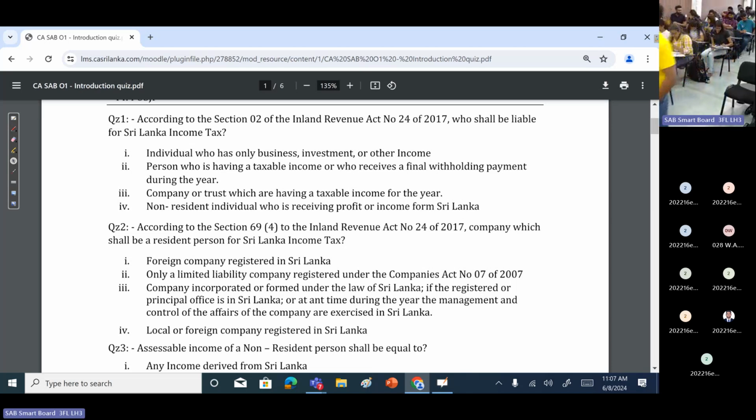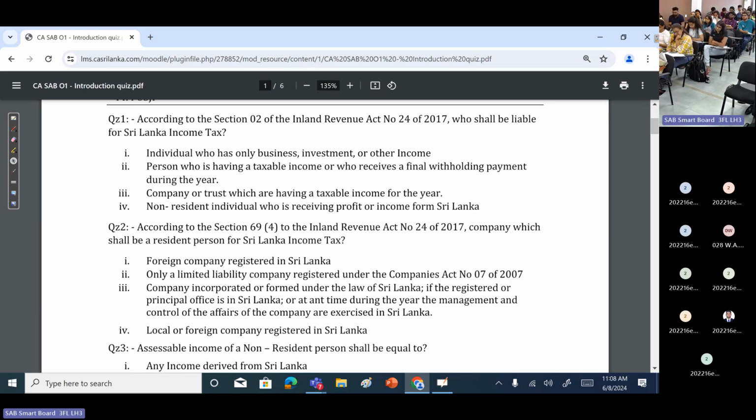Question number 1, according to section 2 of the Inland Revenue Act number 24 of 2017, who shall be liable to Sri Lanka income tax? Individual who has only business, investment or other income. Is that correct? No. Person who is having a taxable income or who receives a final withholding payment during the year. Yes.